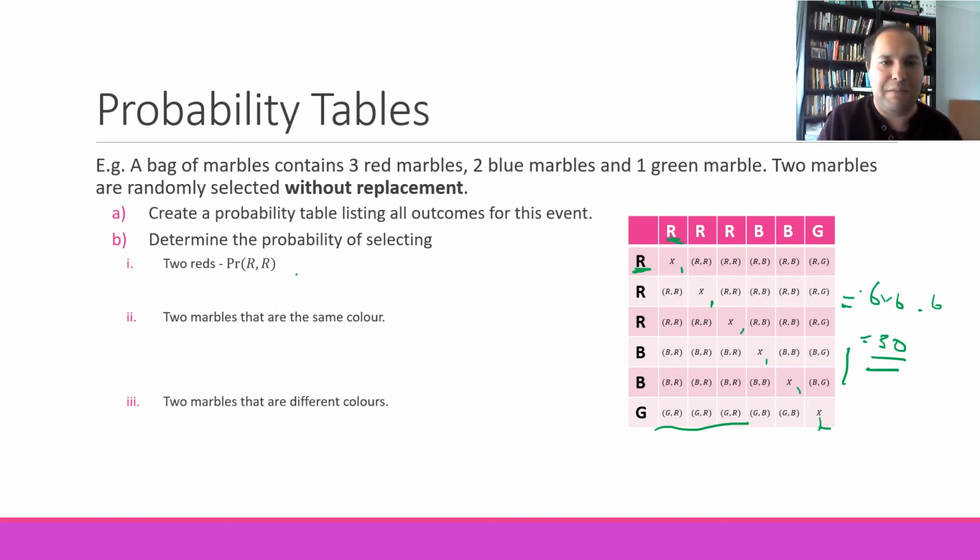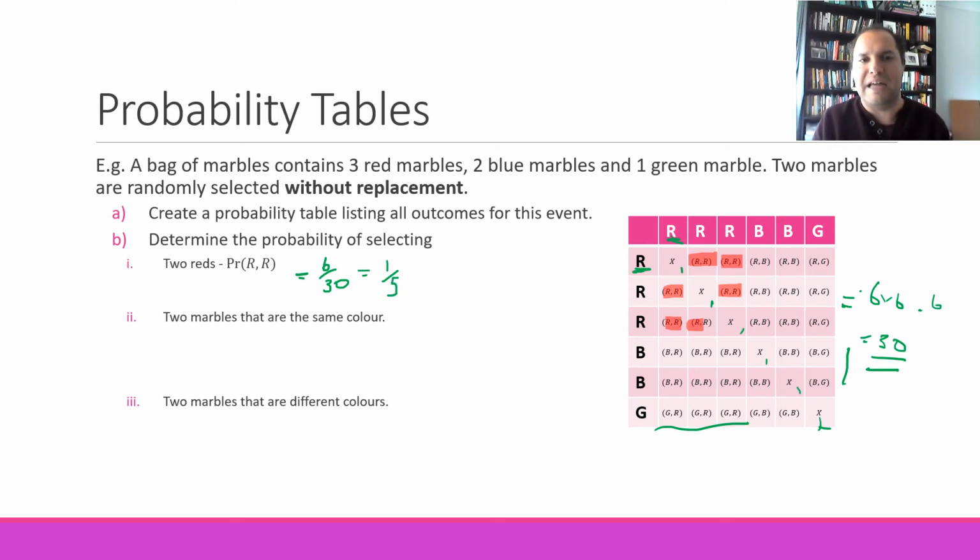Now let's do it again. The probability of finding 2 reds, probability of R and R, is going to equal, we've got 1 red there, 2, 3, 4, 5, 6. So our probability of getting 2 reds then is going to be 6 out of 30, or 1/5.